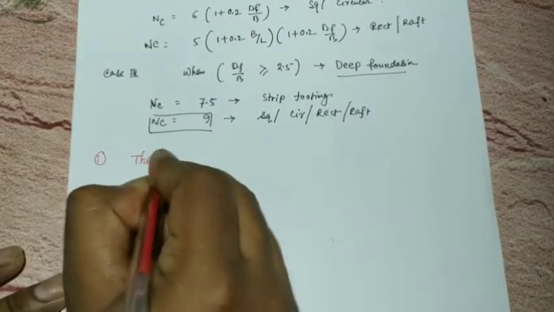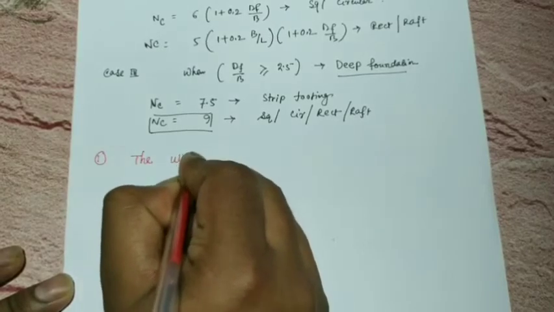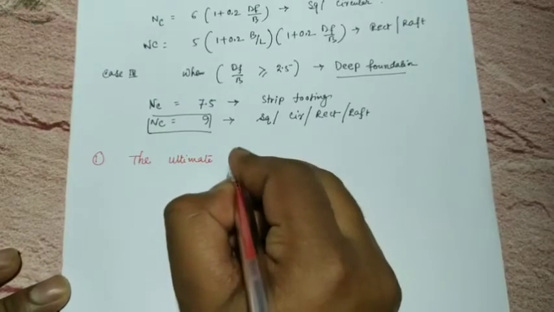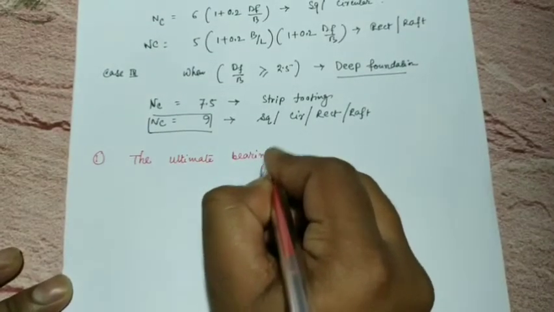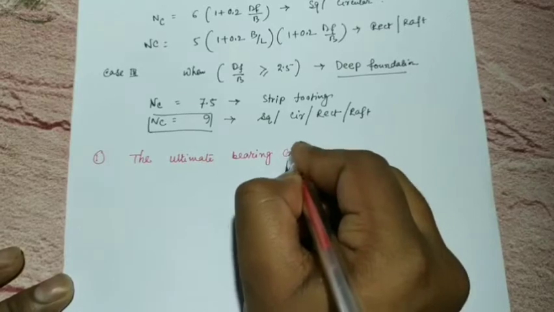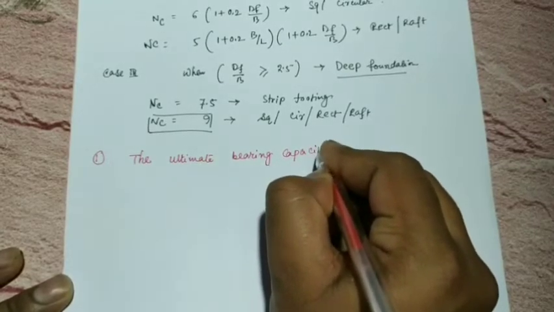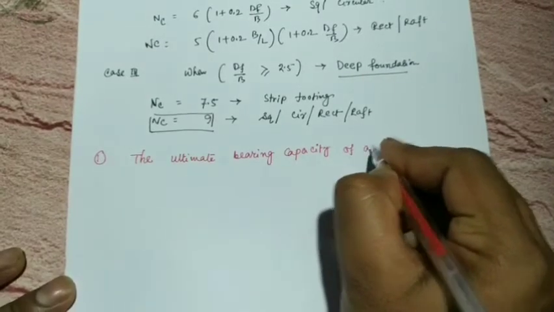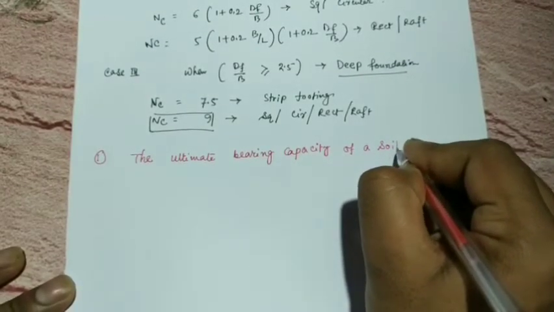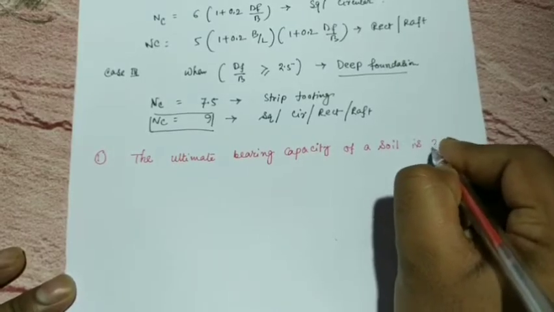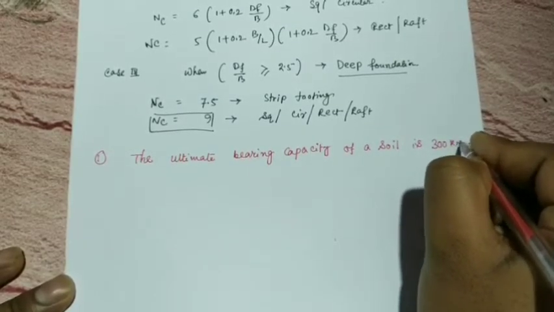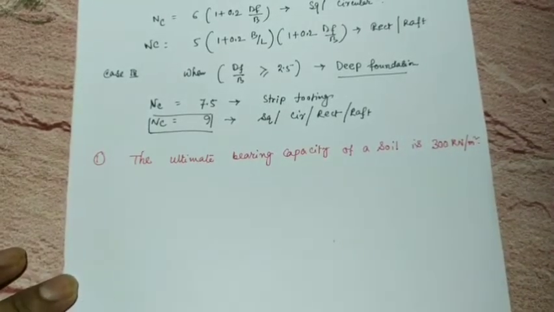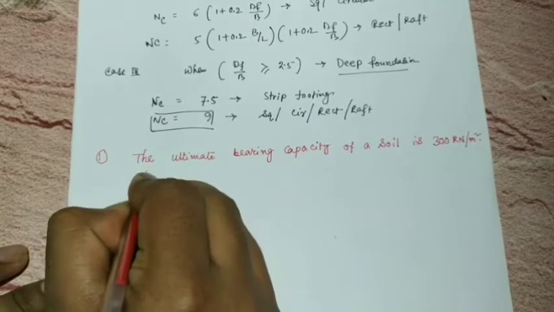The ultimate bearing capacity of a soil is 300 kilonewton per meter square. The depth of foundation is 1 meter.